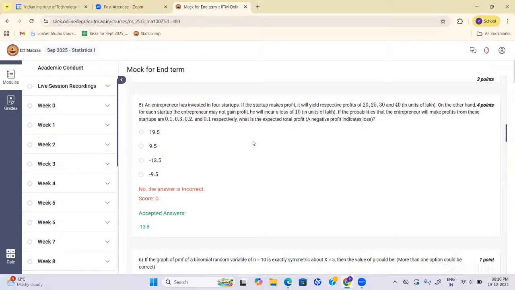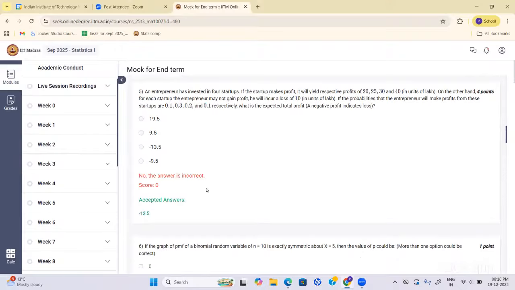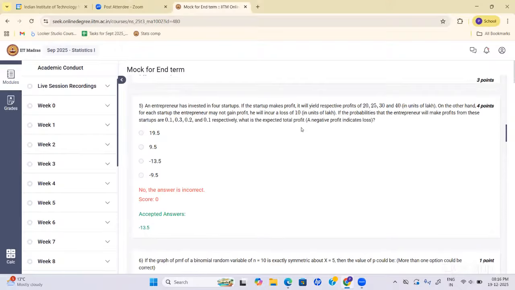My question is, if 0.1 is the first probability, we will multiply this value by 20 and then 0.3 by 25. Is that the approach we should apply for this type of question?